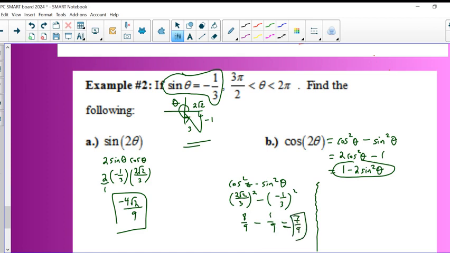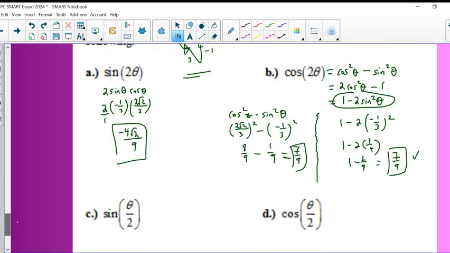Okay, but if you would have used one of the other forms, maybe the one that only involves sine, you would say 1 minus 2 times that negative 1/3 squared, which is 1 minus 2 times 1/9, which is 1 minus 2/9, which is exactly the same as we got before, 7/9. So your choice. Pick what makes most sense, what you can manage, and makes it reasonable for you.